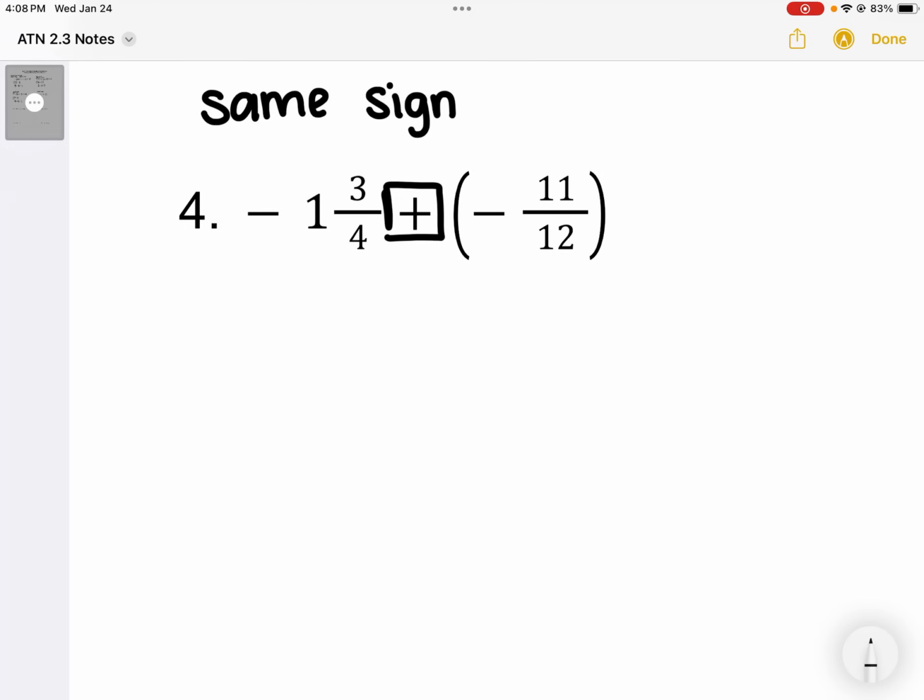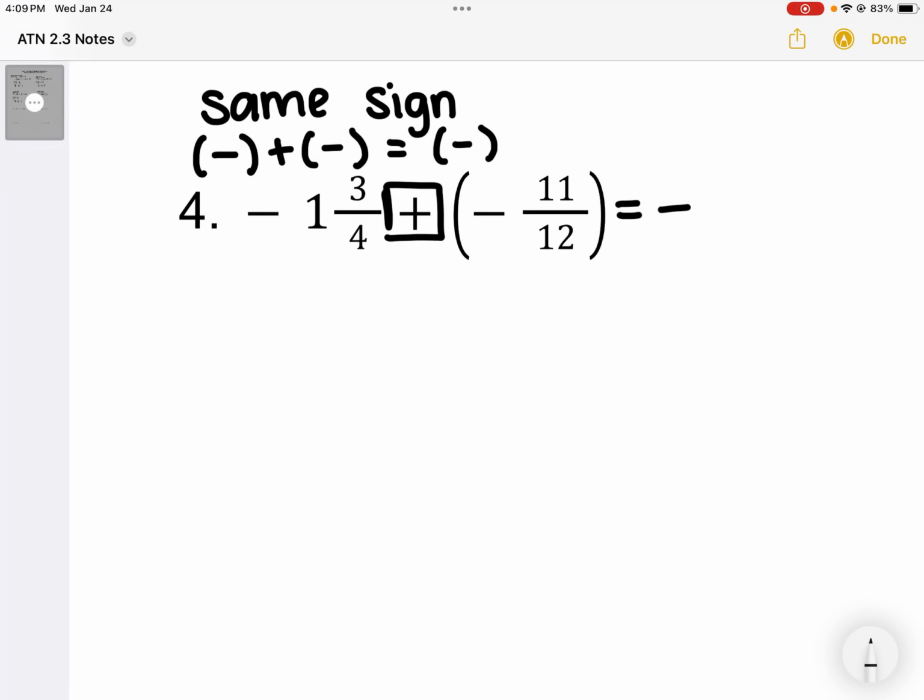I also recognize that this is a negative plus a negative. When you add a negative plus a negative, your answer will also be negative. So I should put my equal sign and my negative.